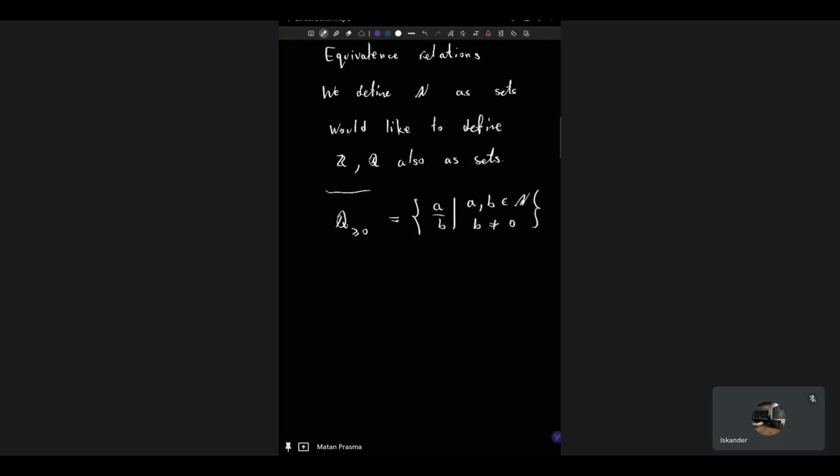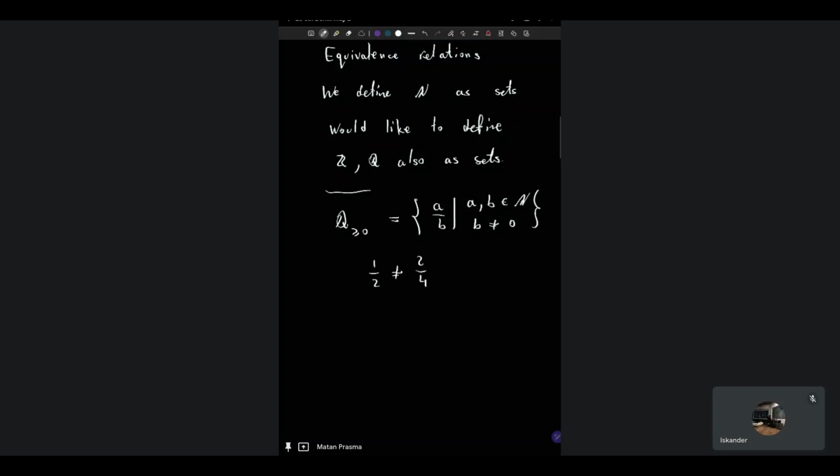However, we have a problem because if I do it from a foundational point of view, then 1 over 2 is a different element than 2 over 4.